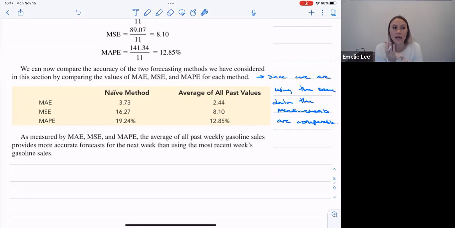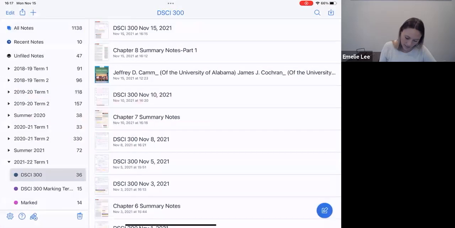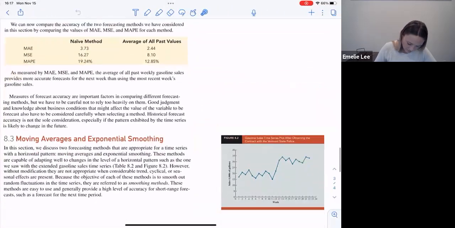Whereas if you're looking at just the most recent outcome as your forecast, then you would only have one week where you had a terrible forecast, and then you're back on top, using values that are more reflective of your current environment. That's just something to keep in mind.